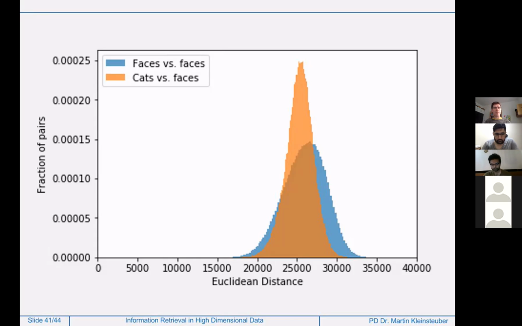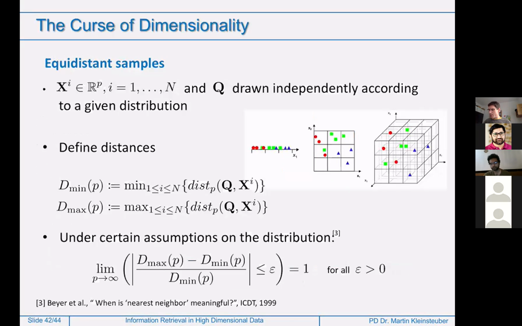The pairwise distance of cats versus faces is concentrated even more around one point than faces versus faces. So that should reflect this phenomenon that these pairwise distances do not carry too much information. It can also be formalized. So this is the theorem, if you want.